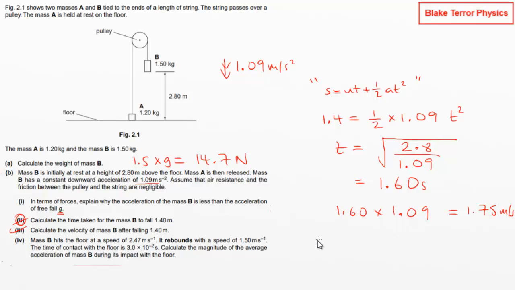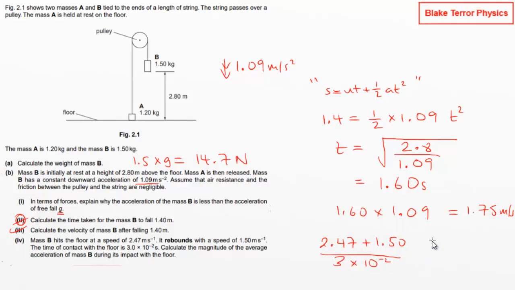Okay, right, so we've got our change in velocity is 2.47 plus 1.50, because it's gone from positive to negative if we're taking positive as downwards. So it's changed by that amount, and it's done that in a certain amount of time, 3 times 10 to the minus 2.